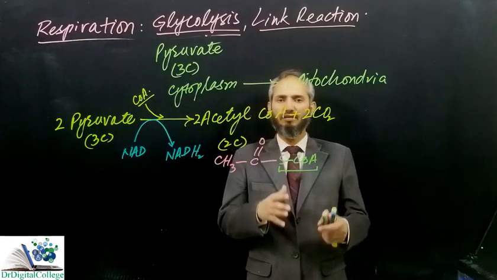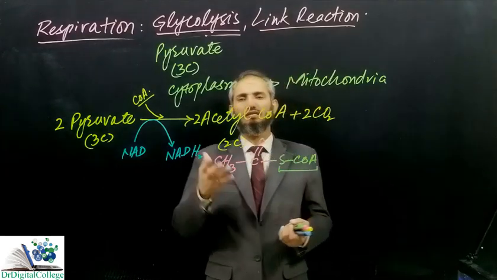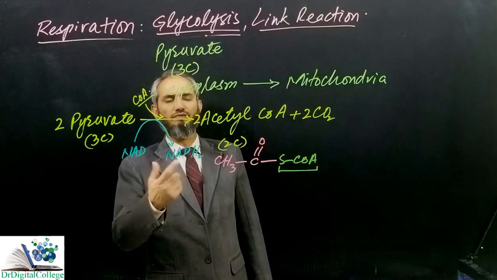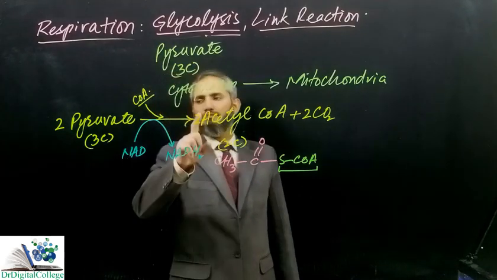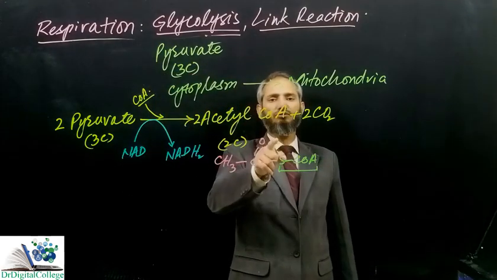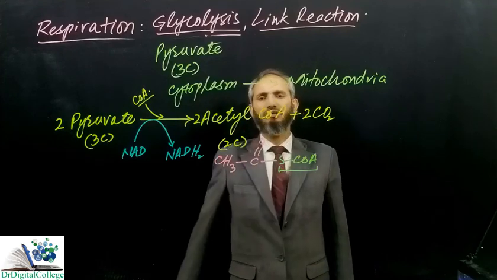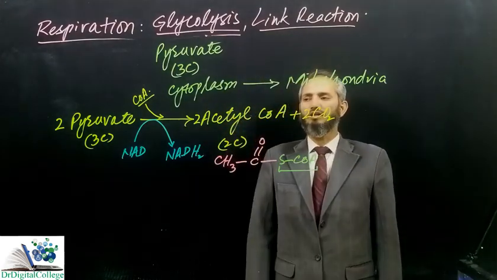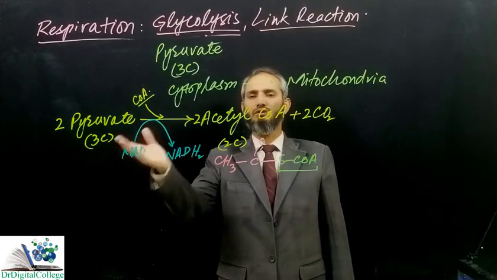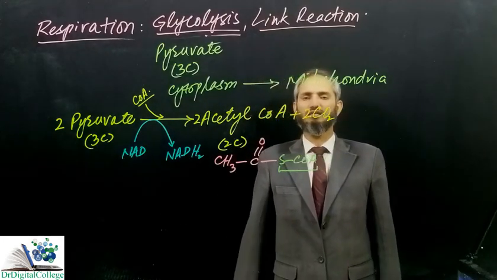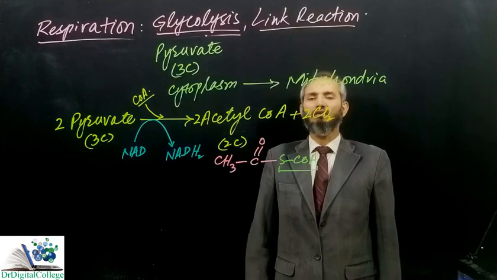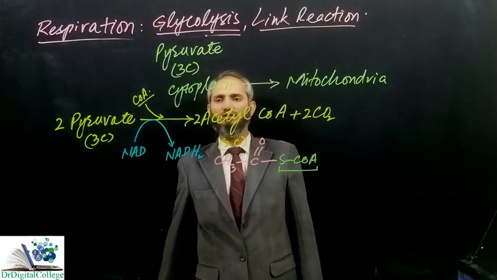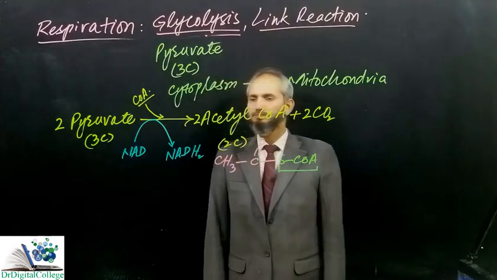And in the complete absence of oxygen, such as in some microorganisms or some roots of plants, pyruvate will not enter the mitochondria at all, and all of it will go towards anaerobic respiration, that is called alcoholic fermentation. We will discuss alcoholic fermentation and lactate fermentation in some next lecture.